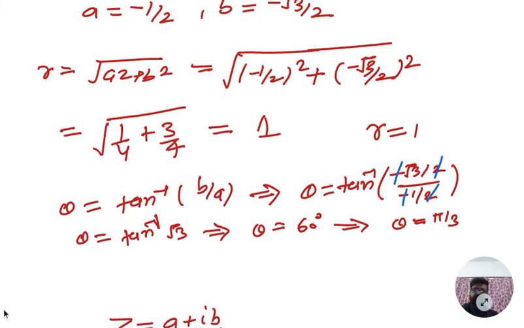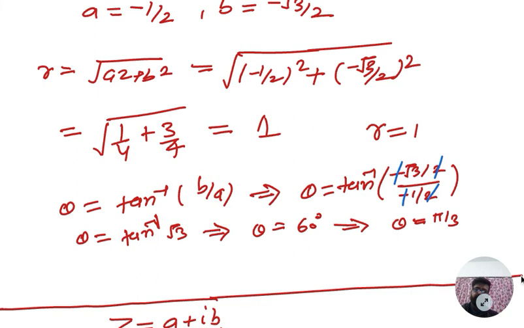So what will be the polar form? The polar form will be z equals r, and the value of r is 1, cos theta, and the value of theta is pi by 3, plus i sin pi by 3.